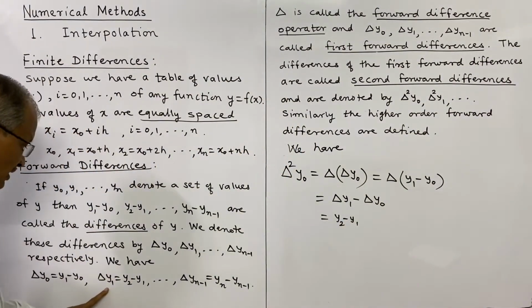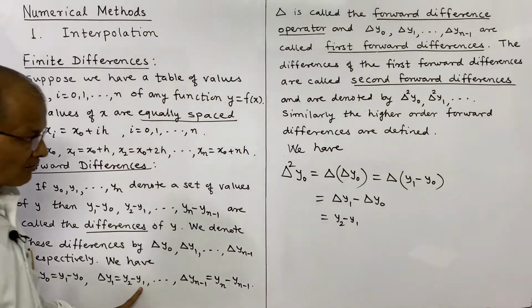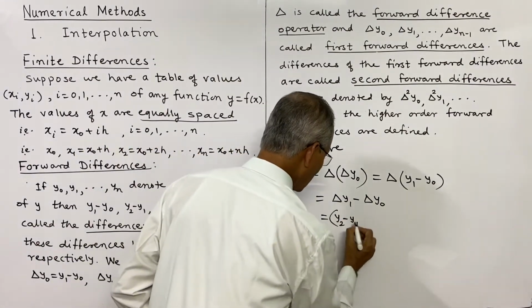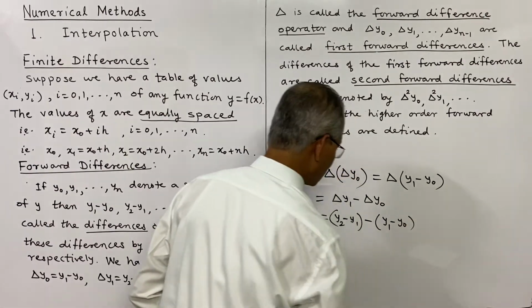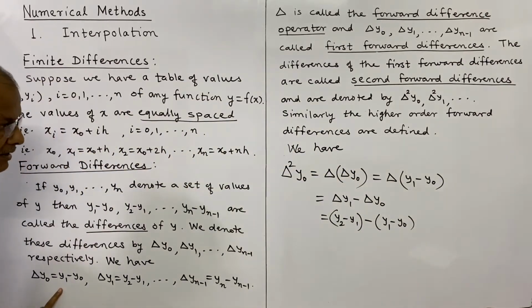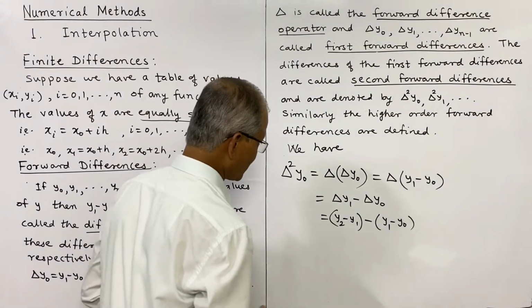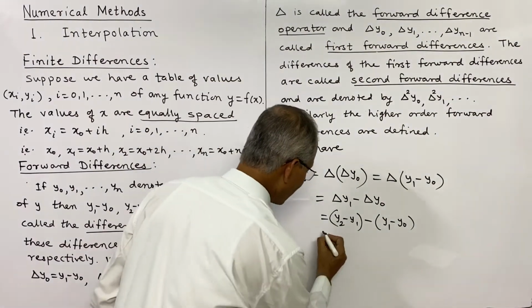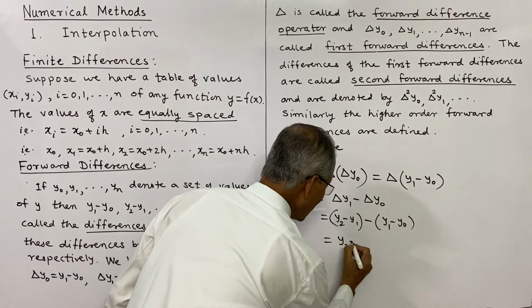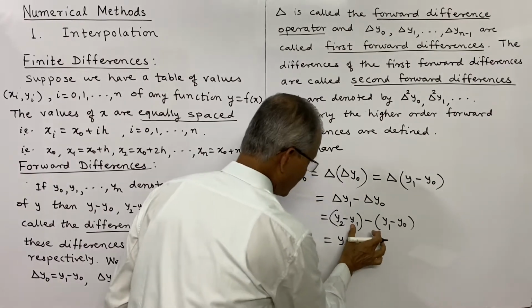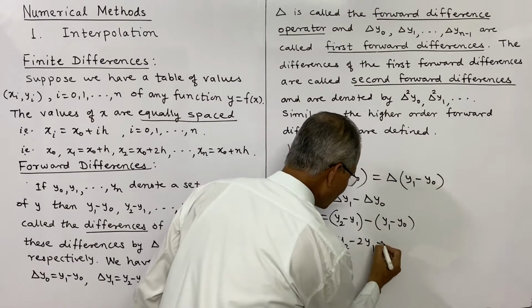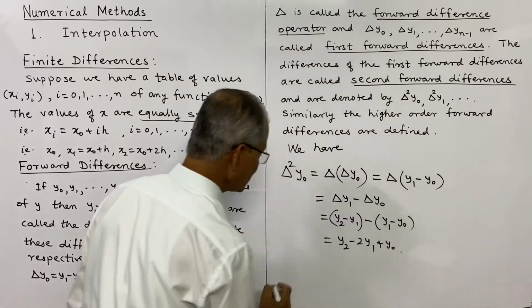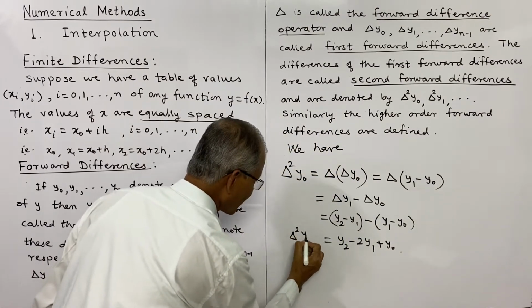By definition, Δy1 is y2 minus y1. And Δy0 is y1 minus y0. Thus the second order forward difference at y0 will be y2 minus 2y1 plus y0. So this is Δ²y0.